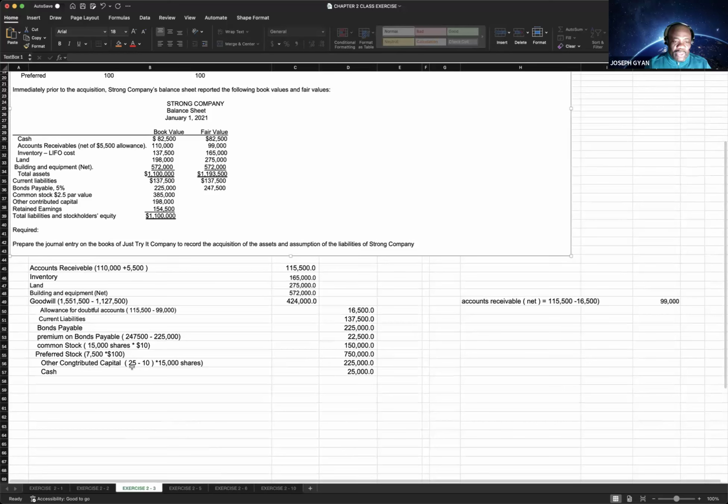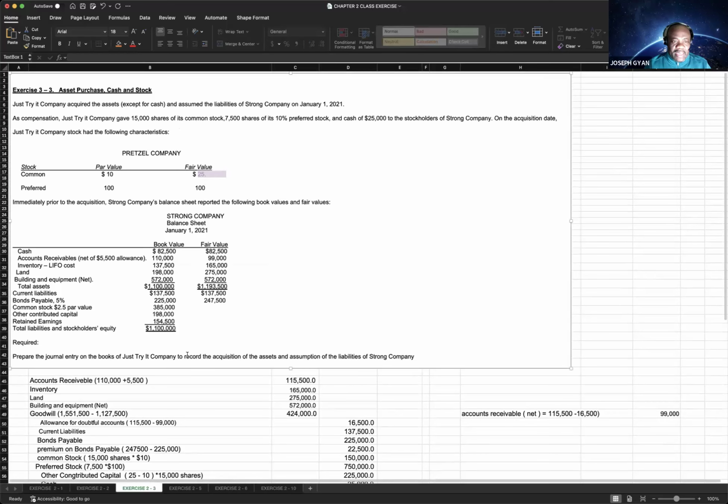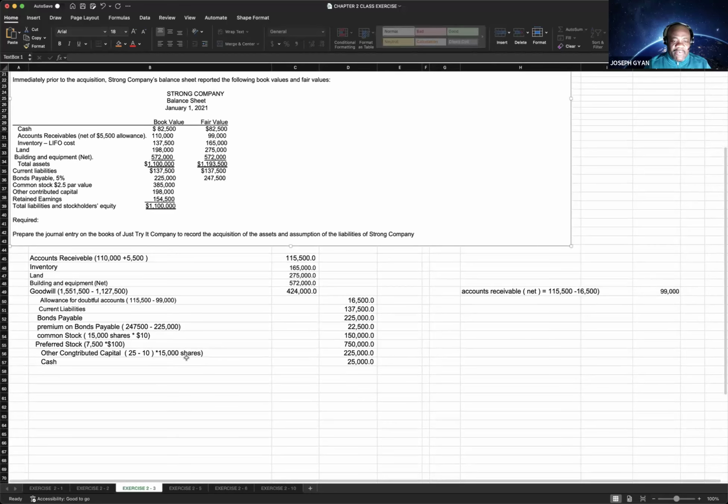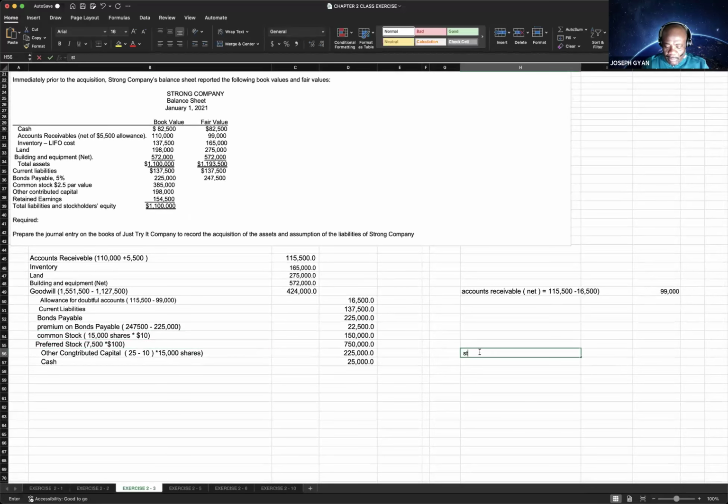So we took the $25 of the market, less the par value of 10, multiplied by the 15,000. So we are giving them stocks and cash. This is what we are giving them in order to get a company. Does that make sense now?